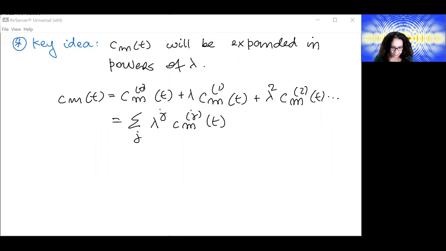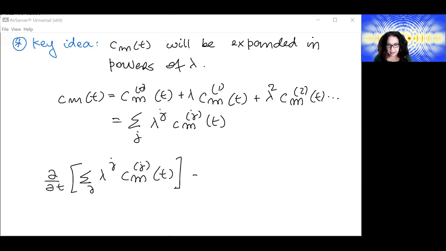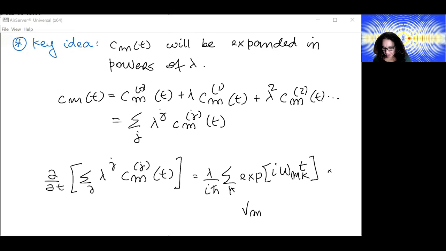So we're going to have d/dt of the sum over j of lambda^j C_m^(j)(t) equal to lambda over i h bar, sum over k, exponential of i omega_mk t, where these are the Bohr frequencies, times V_mk, which is this matrix element of the interaction.